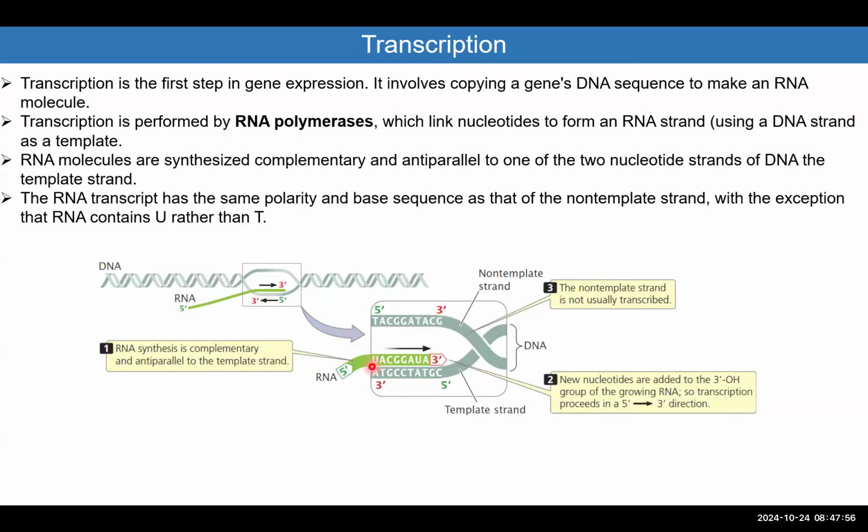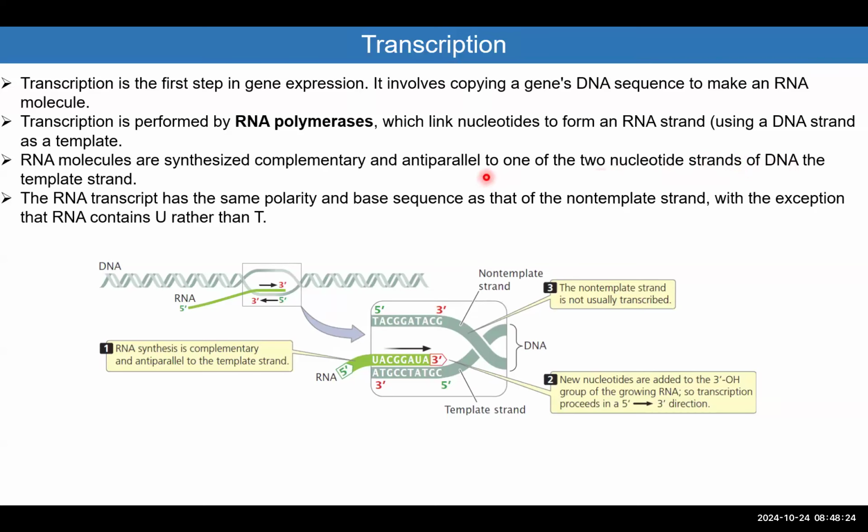And that's how you generate an RNA. I don't want to say messenger RNA because there are many other RNAs we will discuss today, an RNA. So the RNA molecules are normally complementary and anti-parallel to the DNA strand.